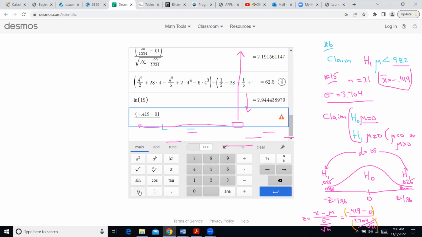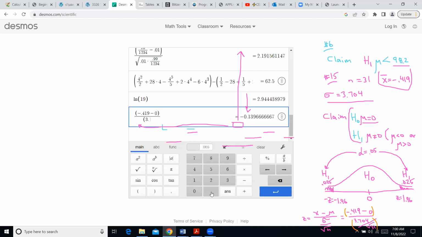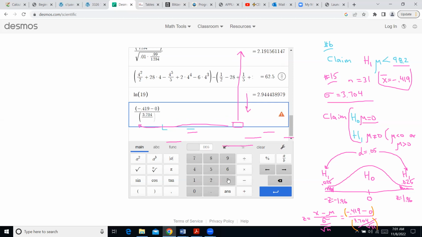And then again, I divide by parentheses that has 3.704 divided by the square root of 31. Right? Square root 31, just like that. So we got some type of a z-score. Please notice this is a very low z-score, right? This is kind of unusual. So what does that mean?